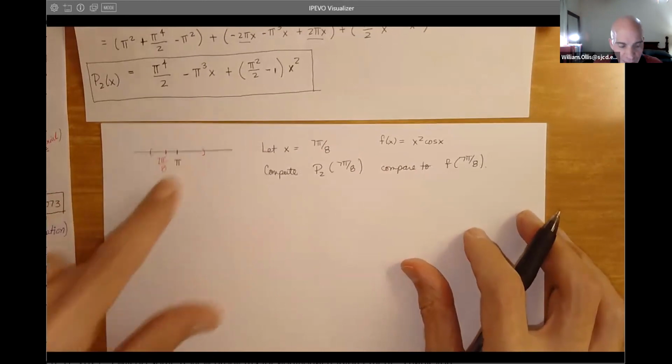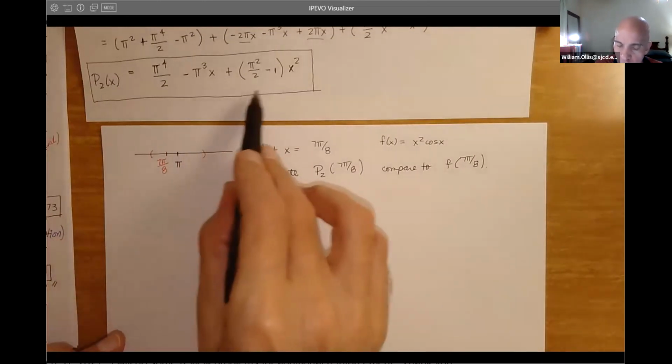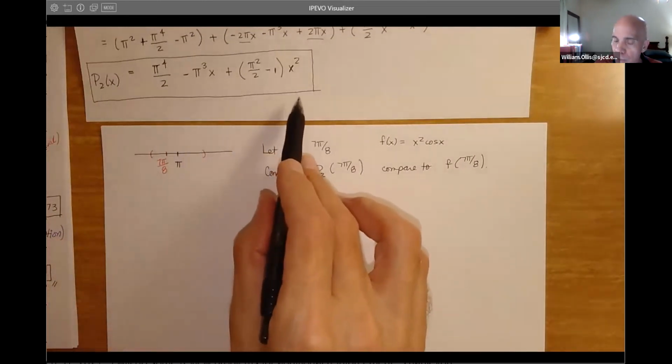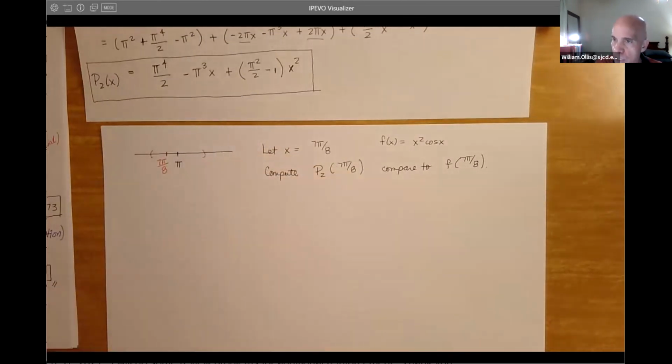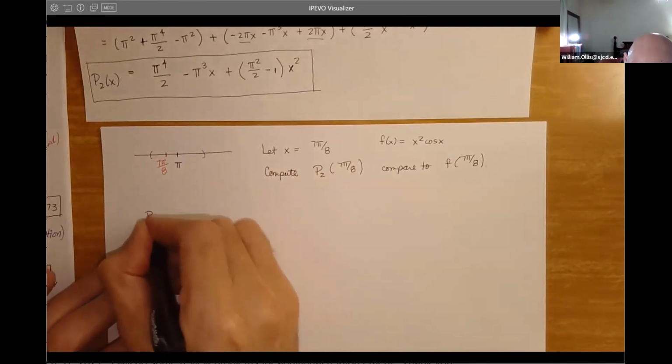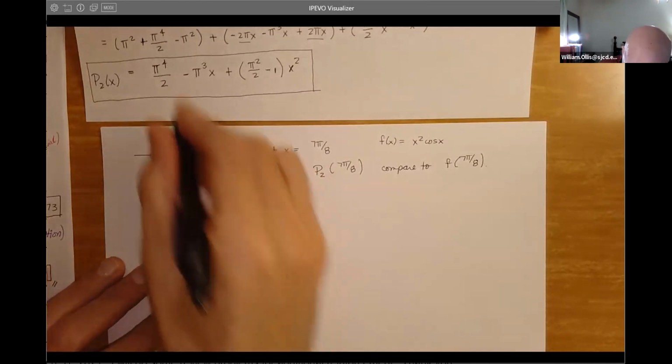And then, of course, you could think, well, we could leave it in the other form and do that, no big deal. But it's good practice, because when you look at Taylor polynomials, they're always written this way, and you need to be able to do that computation. It's not hard, but it's something you have to practice. So now we'll say P2 of 7 pi over 8, and we'll use our formula here.